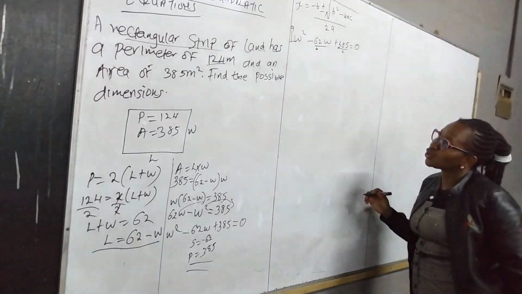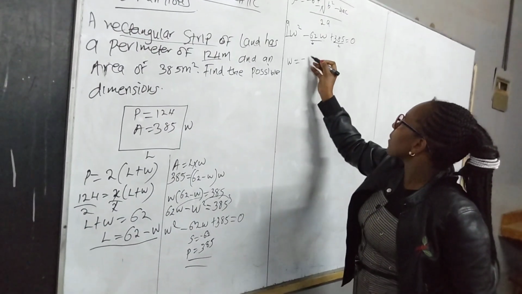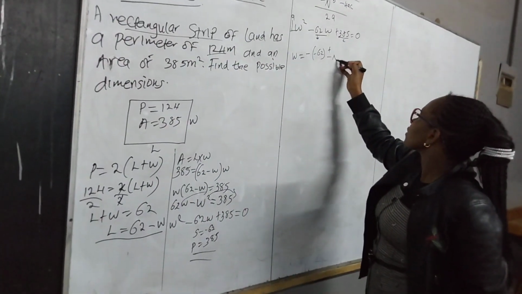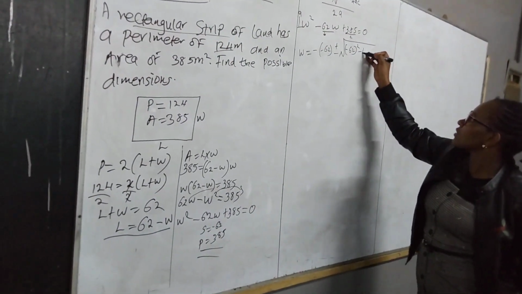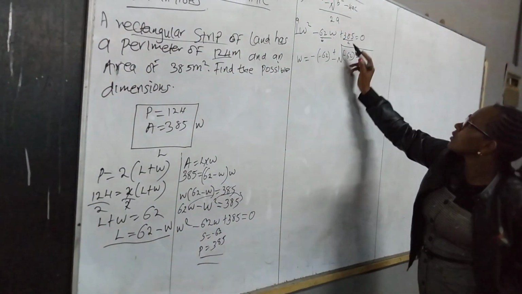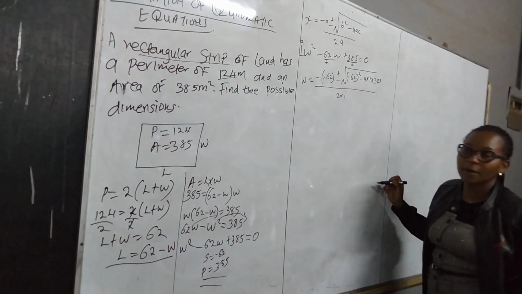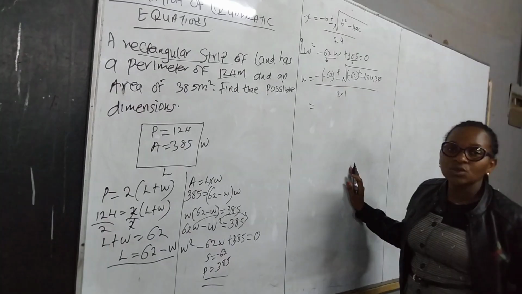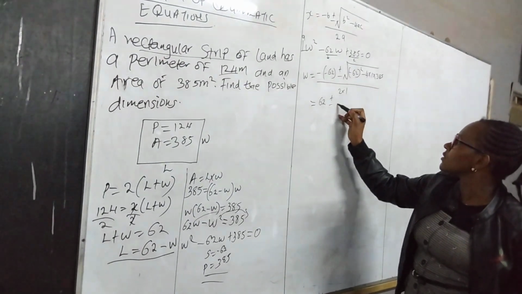We have W equal to negative b, and our b is negative 62, plus or minus the square root of negative 62 squared minus 4 multiplied by 1 multiplied by 385, everything divided by 2 times 1. When we open the brackets, the negative sign disappears and we have positive 62 plus or minus.